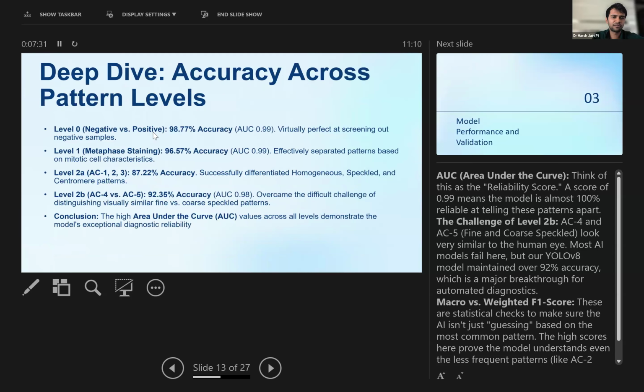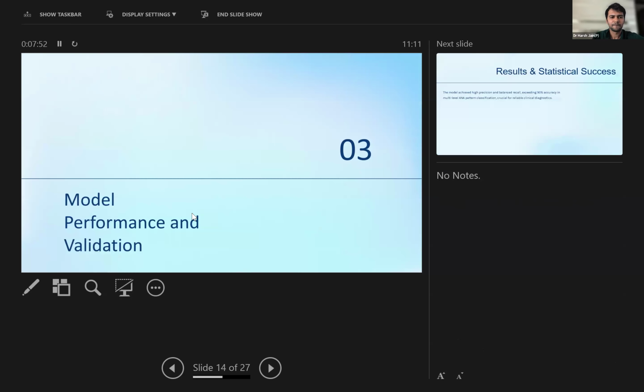If we take a deeper dive and see the accuracy across various other patterns, it showed 90% or more accuracy at various levels in distinguishing between negative and positive, between AC1, 2 or 3, or between AC4 versus AC5.